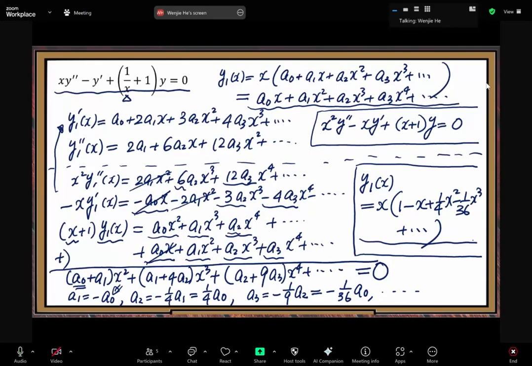Let me see. I hope it won't take too much time. I look at my watch to control the time. Let me look at how long I need. Can I find y2 in 10 minutes? I try to see if I can find y2 in 10 minutes. Then it's not too bad, right?